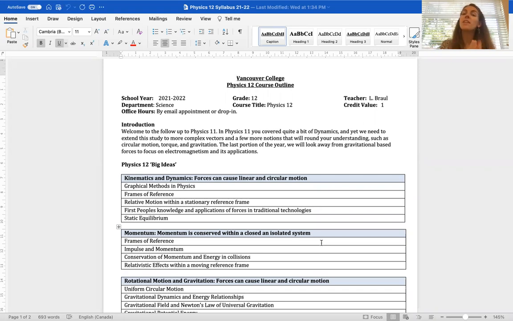So we're going to begin with the nature of science, which is the scientific method, and just make sure that our lab skills are up to snuff, given that there's a reason that your son is in Physics 12, and I'm assuming that there's some sort of correlation with what they're planning to do next year. So having proper lab skills and critical thinking skills are my goals to get them set up to be successful with whatever they decide to do next year.